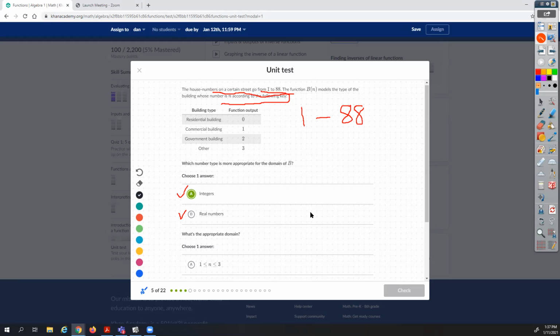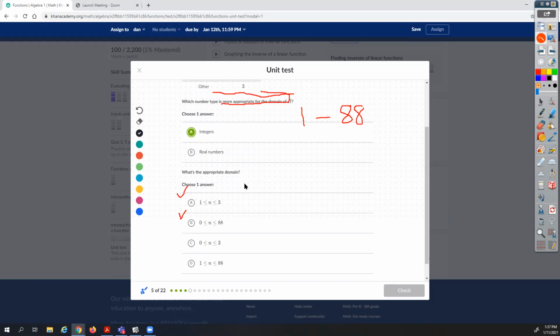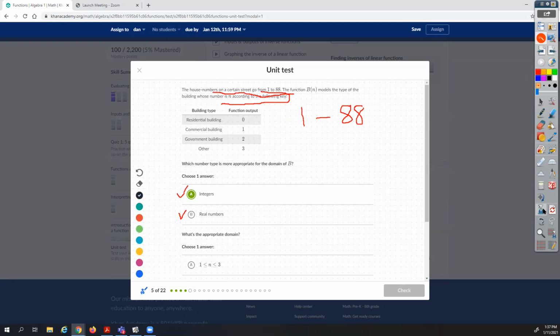All right. Now it says, what is the appropriate domain? Well, it tells you here that the function b of n models the type of the building whose number is n according to the following key. We know it's integers, function, output.